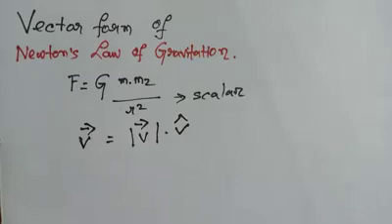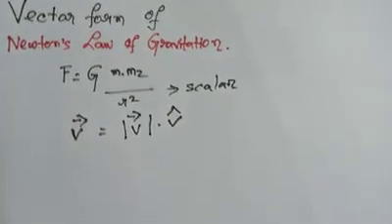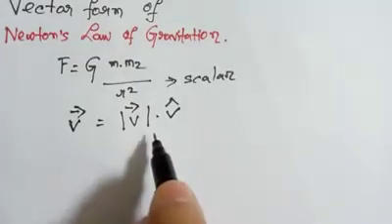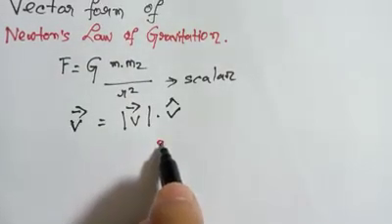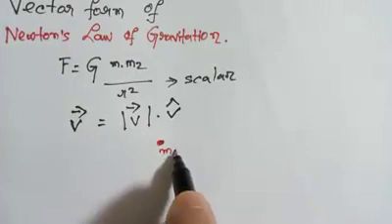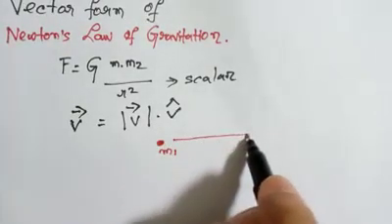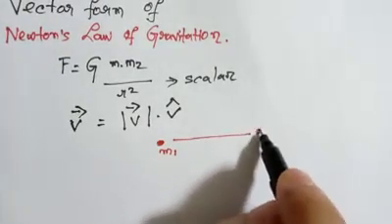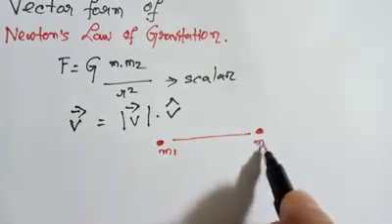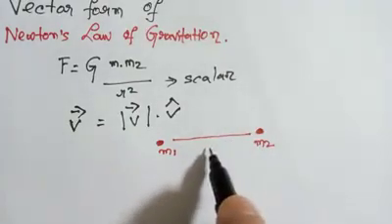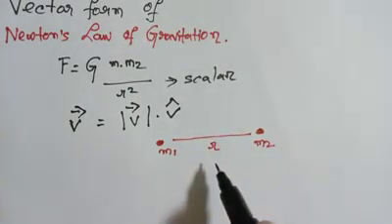Now, for example, I take two masses. Why I am taking these examples will soon become clear. If I take one mass, say m1, which is separated by some distance, and here is another mass, m2, both of them are separated by distance r.